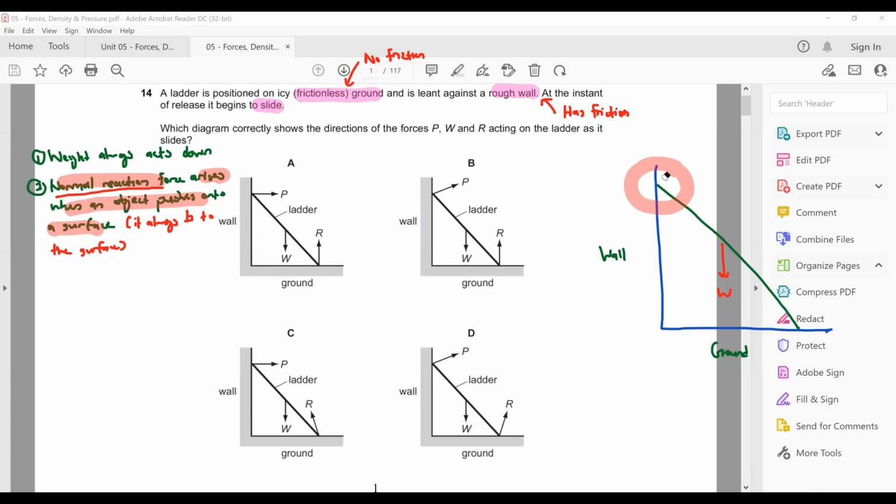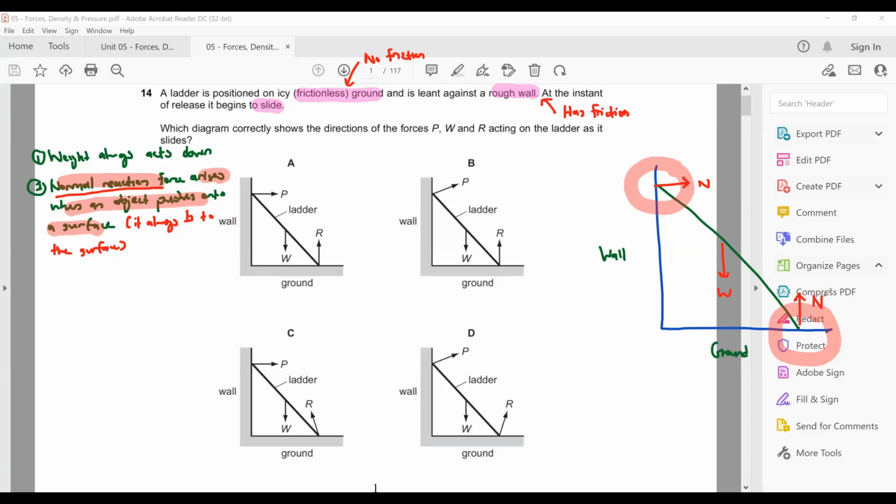Because this portion that I circle is pressing against the wall, you would have a normal reaction force N perpendicular to the wall surface. That one is okay. Now, if I move on to the next N, you could also say that this end of the ladder is pressing down on the ground. Because it's pressing down on the ground, you also have a normal reaction force perpendicular to the ground.